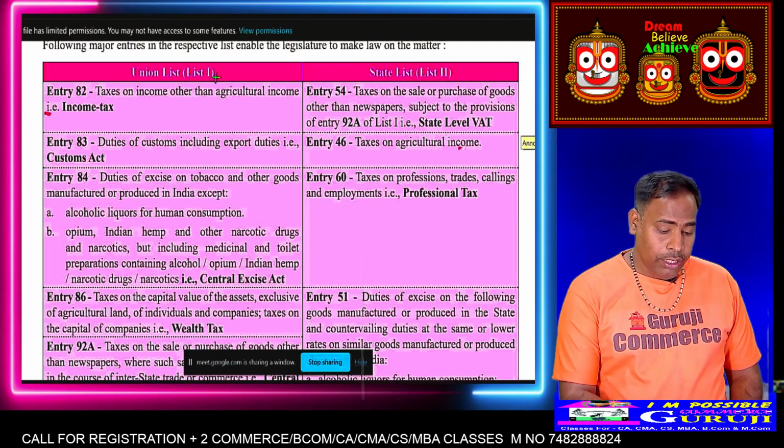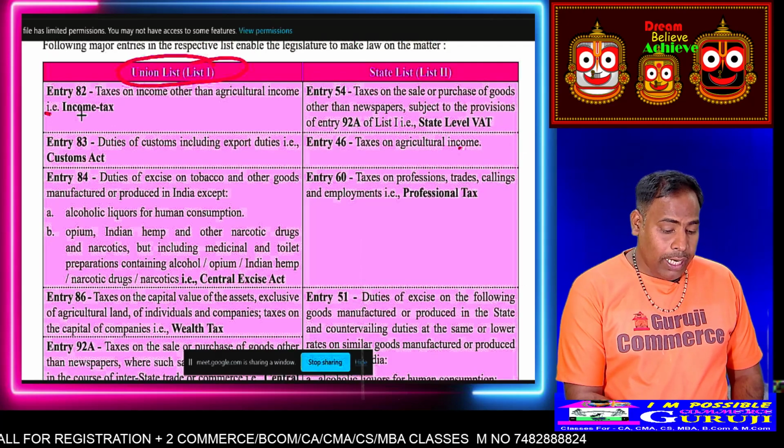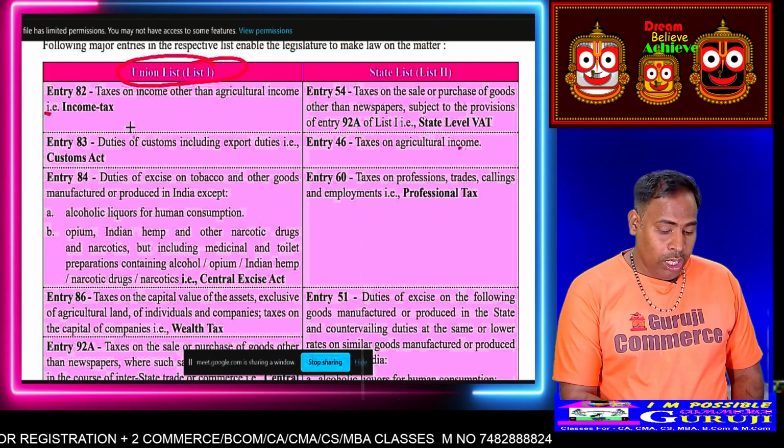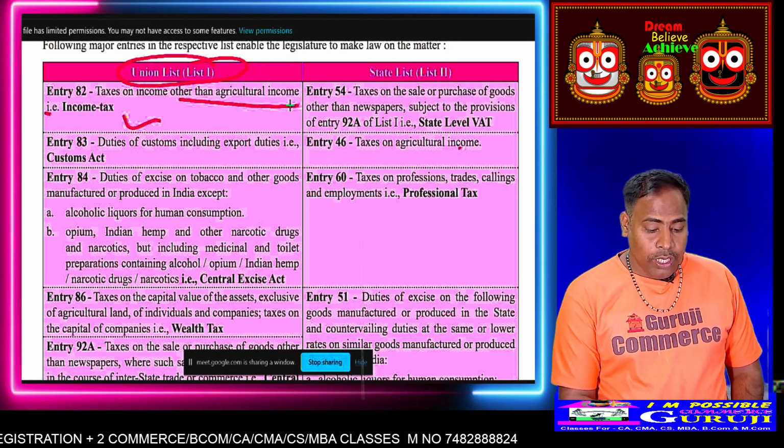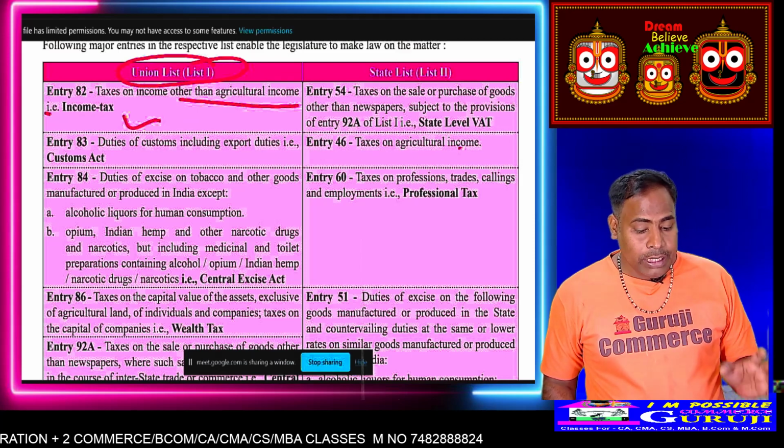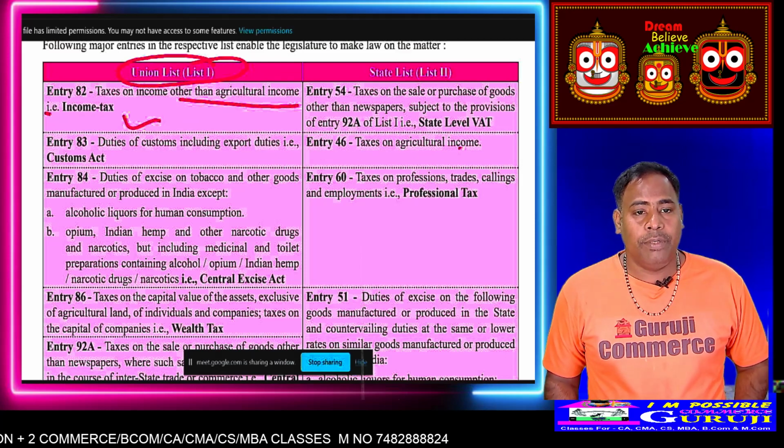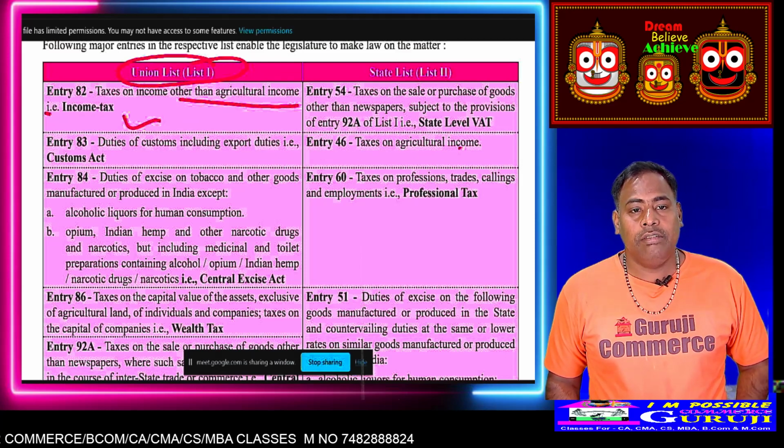Then Union List, list 1. Entry 82 is tax on income other than agricultural income.